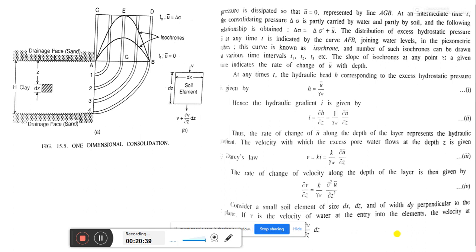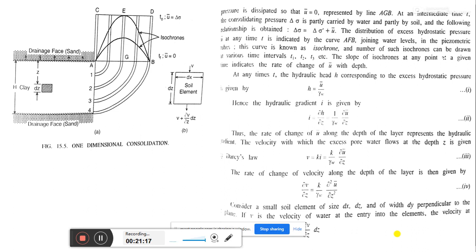Pore water pressure means the pressure generated from the water present in the soil mass, so that the initial excess hydrostatic pressure u0' is equal to the incremental pressure delta sigma, and is represented by a straight line u' equals delta sigma on the pressure distribution diagram.